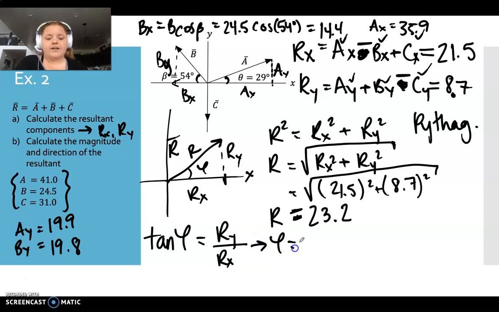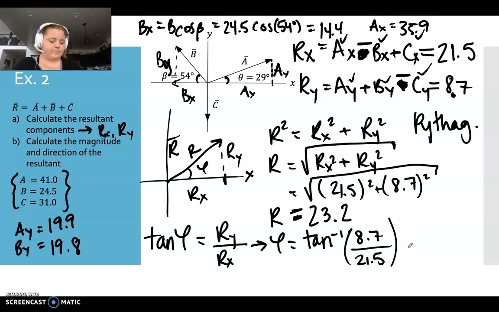And I'll solve for phi, or our angle. That'll be tan inverse, or arctan, of r sub y, which is 8.7, over r sub x, which is 21.5. So let's go ahead and do that in our calculator. And we get an answer of 22.0 degrees.